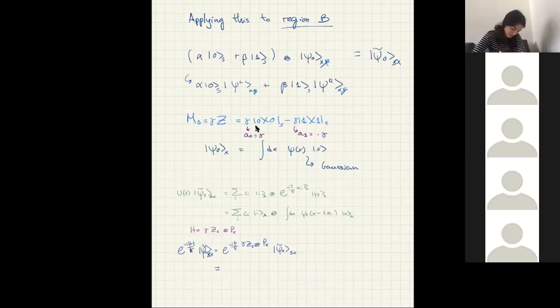So where were we? We get the first, C0. This is my C0, this is my C1, coefficients of the initial state.